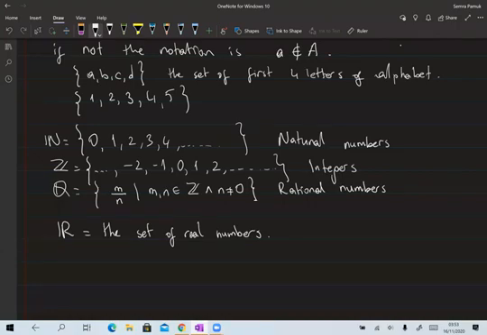To define real numbers, we can do it in 2 ways. One of them is Cauchy sequences: we take all the Cauchy sequences on rational numbers and complete them as a metric space, which is high-level mathematics. Also, we can axiomatically define real numbers, just like natural numbers. There are also Dedekind cuts, constructions of real numbers.